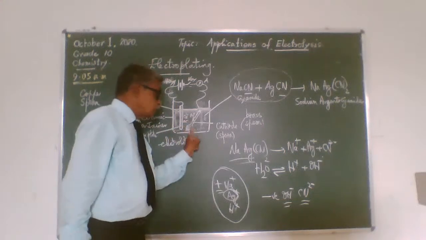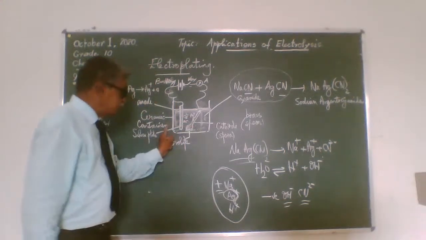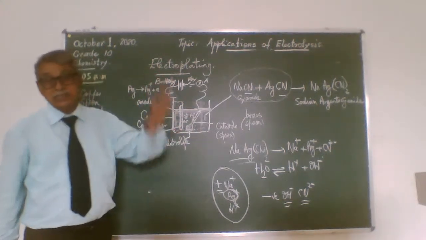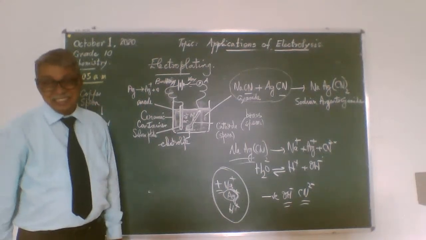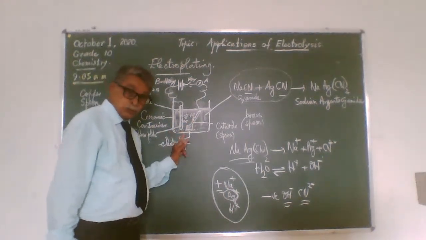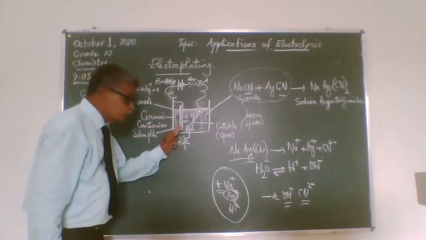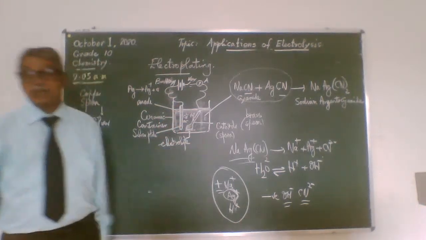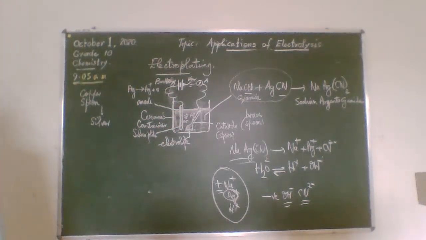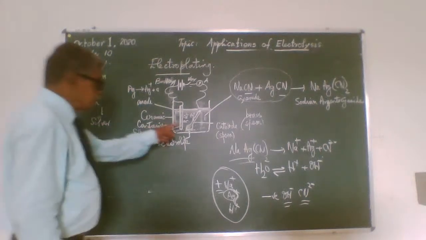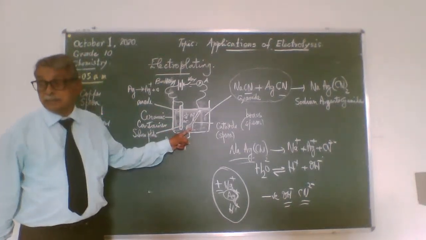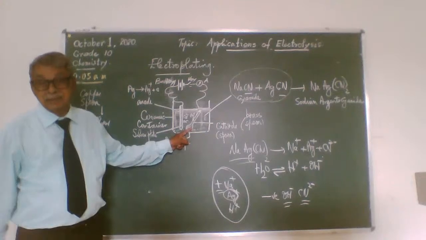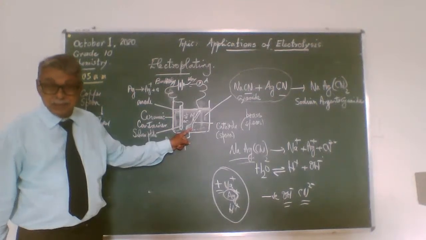Whatever Ag is deposited on the spoon, that same amount of Ag will go into the solution. The result will be, as electrolysis proceeds, the spoon will get plated by silver.